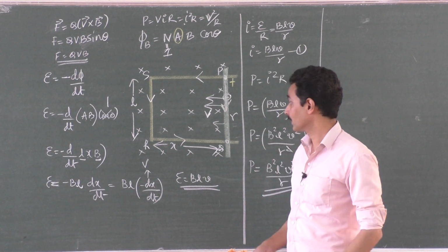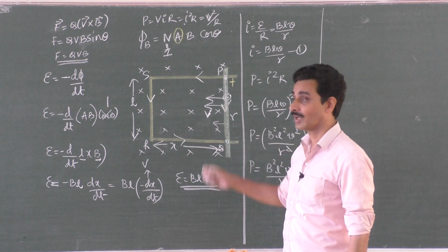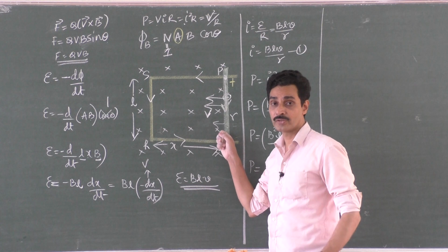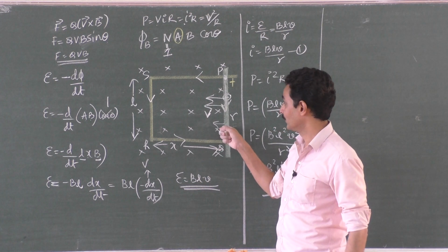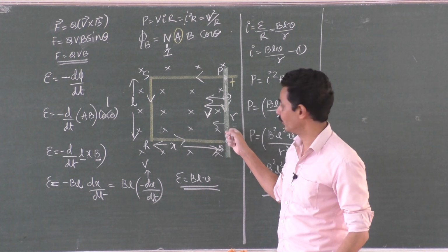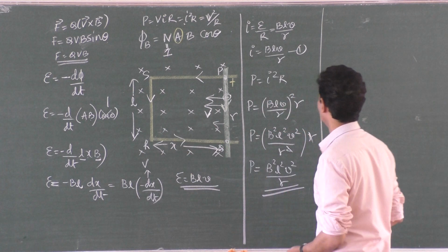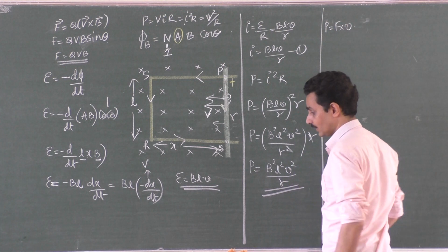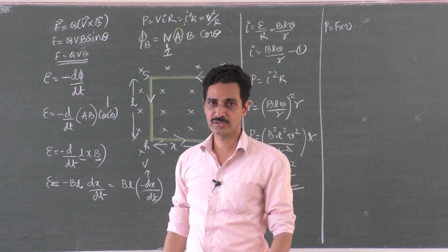Remember, you have to move this conductor with a uniform speed. That means there is a force opposing you, developed because of that induced current, and against that opposition force you have to move this. Power is equal to force into velocity. You have that formula.